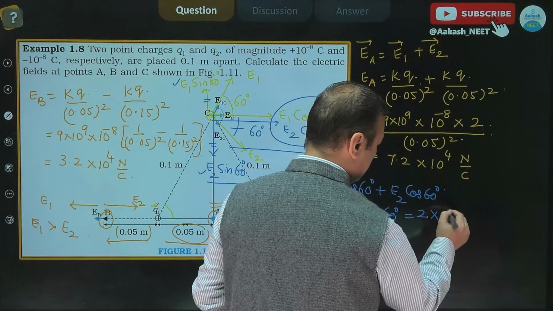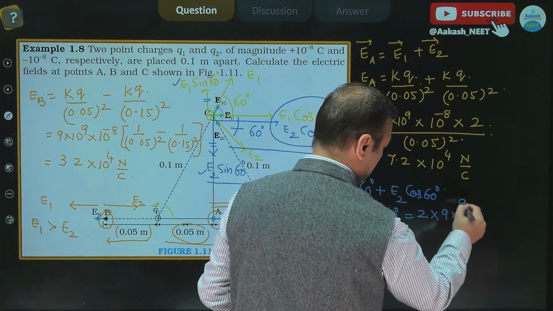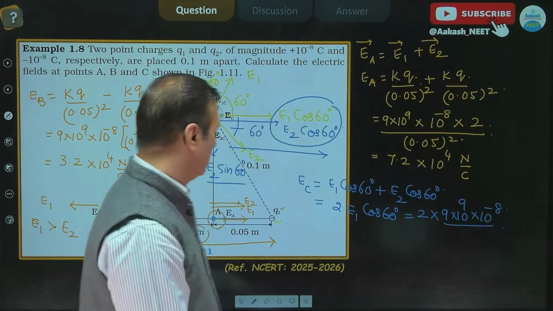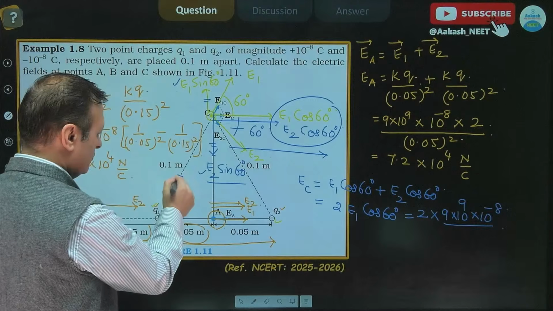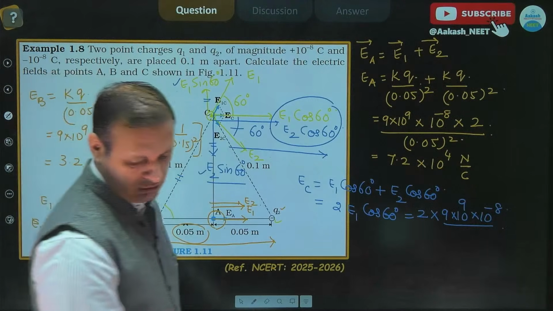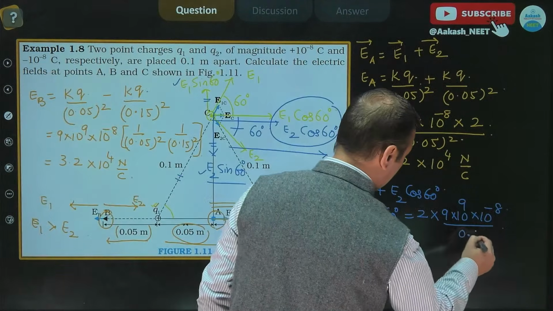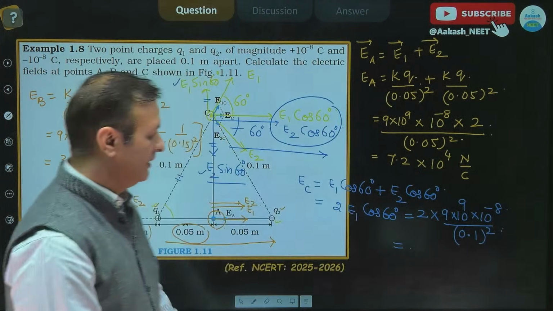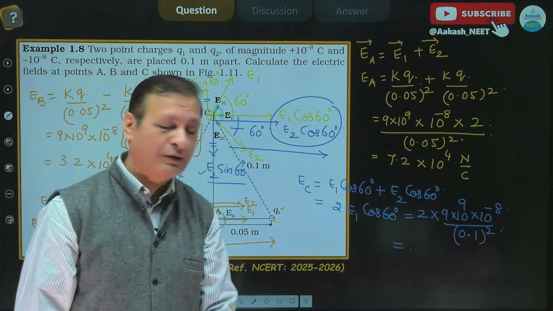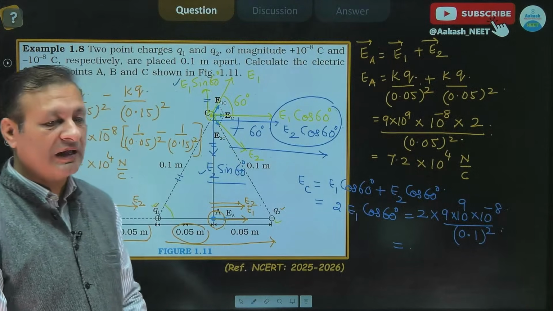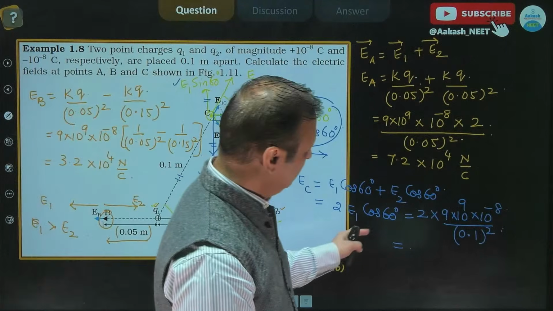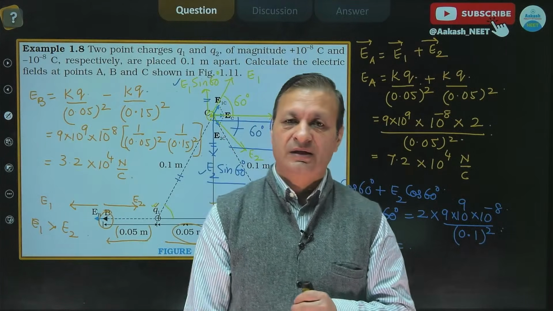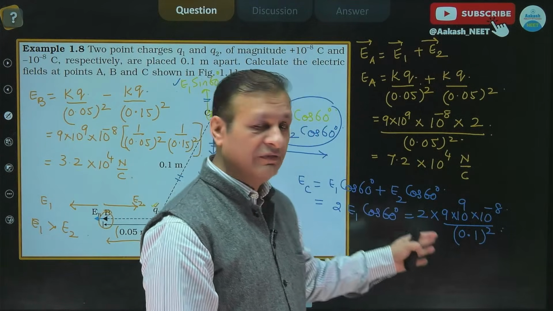E1 is K Q by R square. So this is 0.1, and finally the calculation part. When you do this calculation, you will end up with the net resultant electric field at point C. I'm waiting for the calculation.